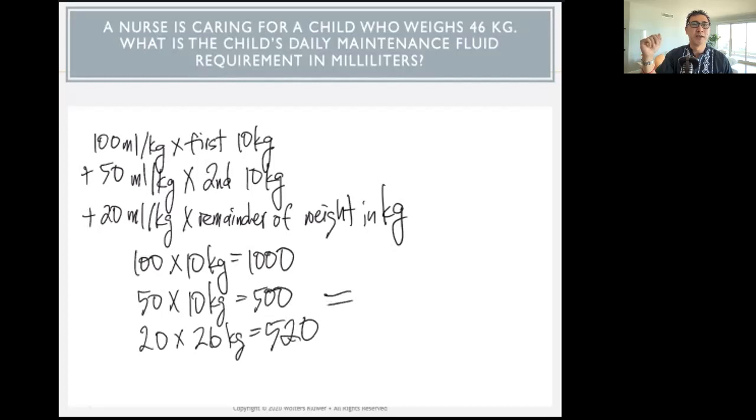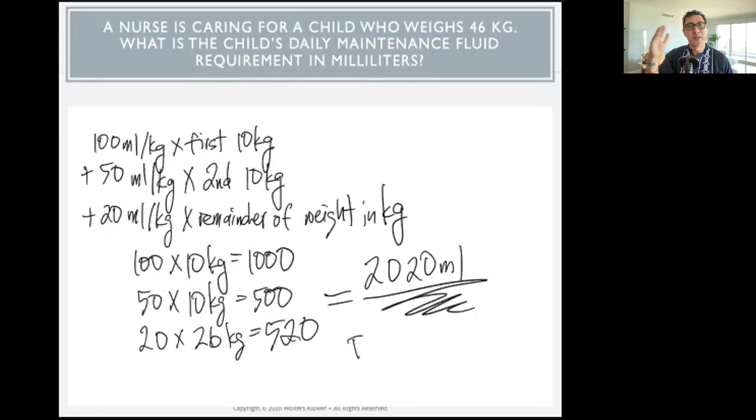I think I was using a calculator to add it up. 2,020 ml. So this patient who weighs 46 kilograms is going to require 2,020 mLs of fluid for the whole day.